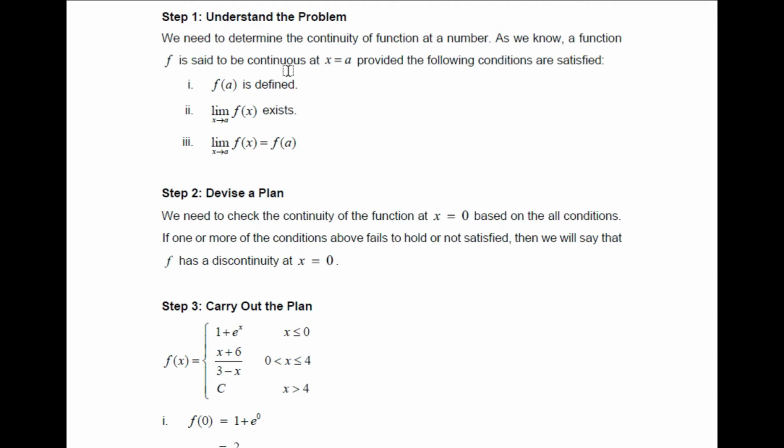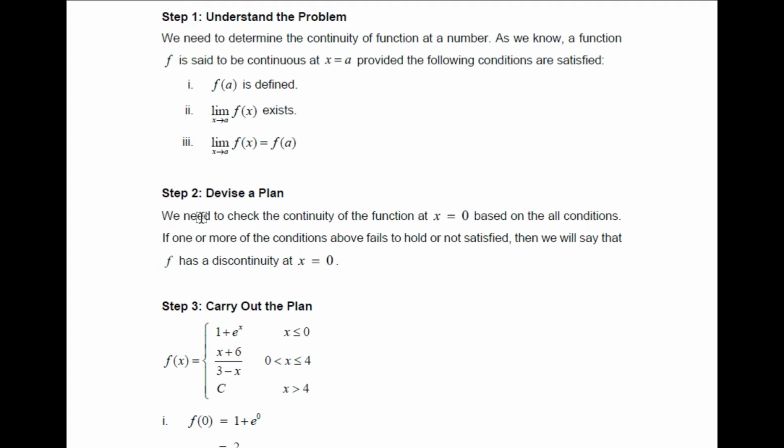As we know, a function f is said to be continuous at x equals a, provided the following conditions are satisfied. The first condition is f(a) is defined. Second condition, the limit of f(x) as x approaches a exists. The third condition, the limit of f(x) as x approaches a equals f(a).